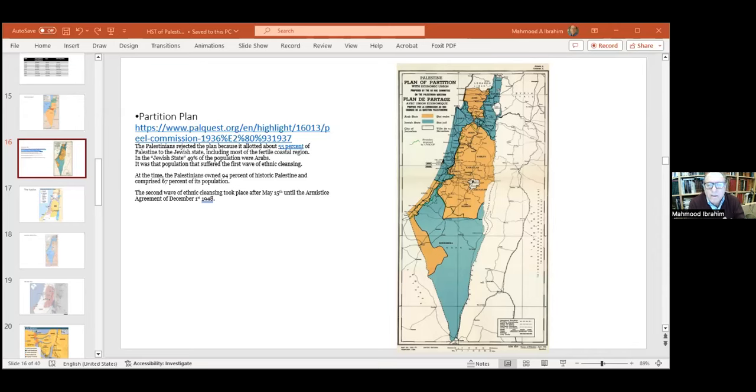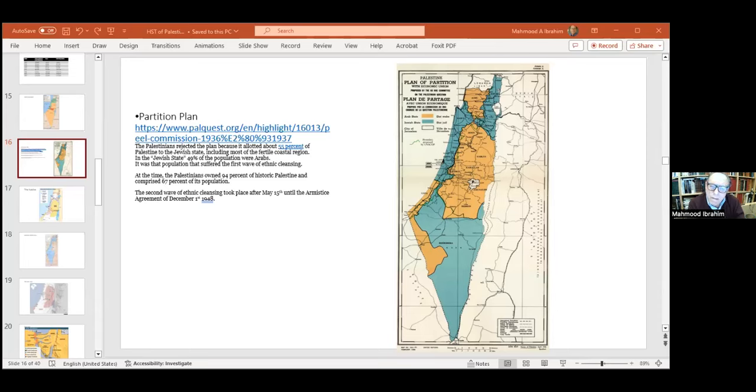The contradiction with this plan is that the blue region is allotted for the Jewish state, and more than half, 51 to 52% of the area, was given to the Jewish state, and the rest was given to the Arab state or the Palestinian state.